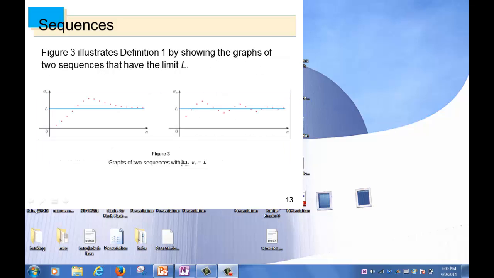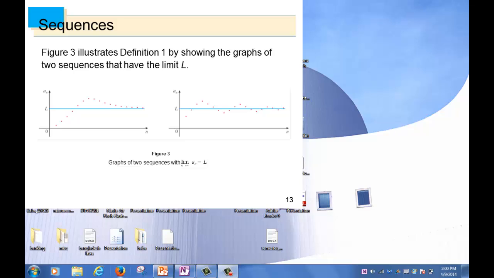Now, graphically, when the limit is L, how may the sequence look? Well, it may look like this. Notice that the blue line is the horizontal line at height L, and the dots represent the graph of the sequence.